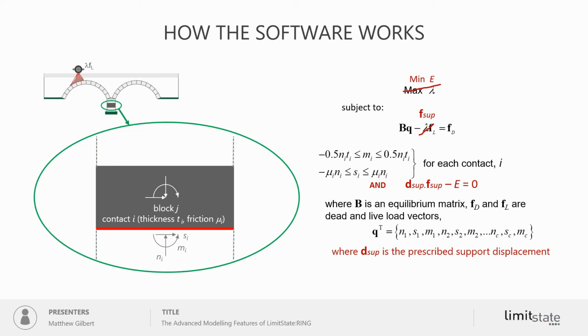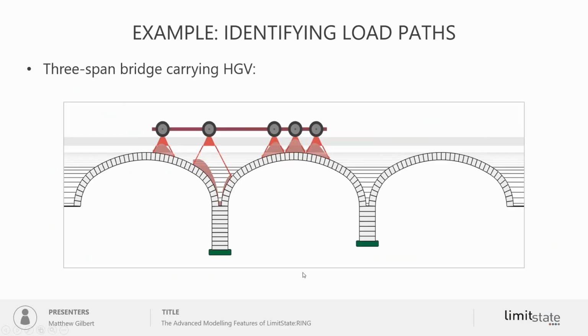Instead of maximising a load factor, we're minimising energy done by the supports, where that is defined as the specified support displacement multiplied by the reaction force. So it's a very, very simple, small change to the formulation. And the example I'm going to use is a simple free-span bridge carrying a heavy goods vehicle, HGV.